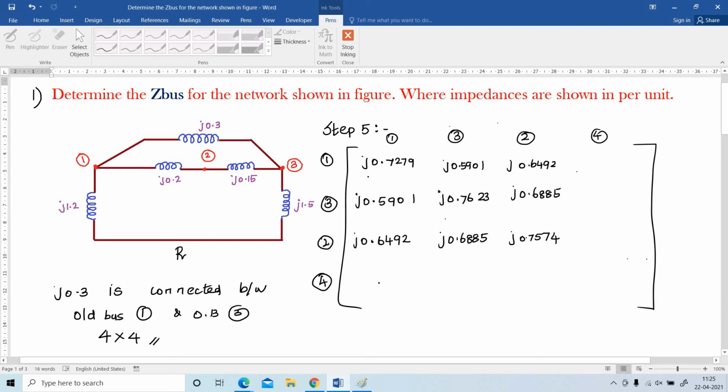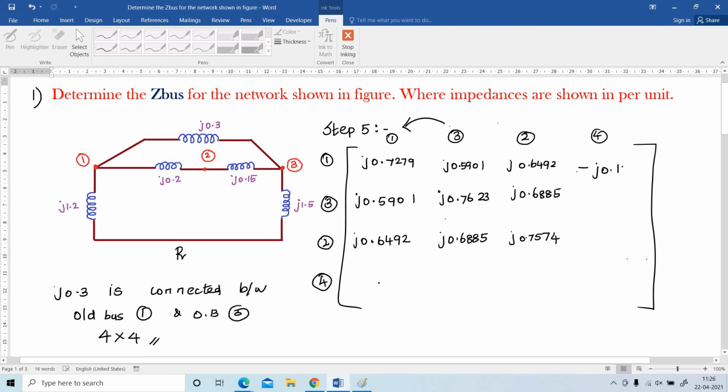So first I have to write the previous 3 cross 3 matrix once again. Then see, 1 and 3 are connected together by the element J 0.3. So 3 minus 1. What is the value?